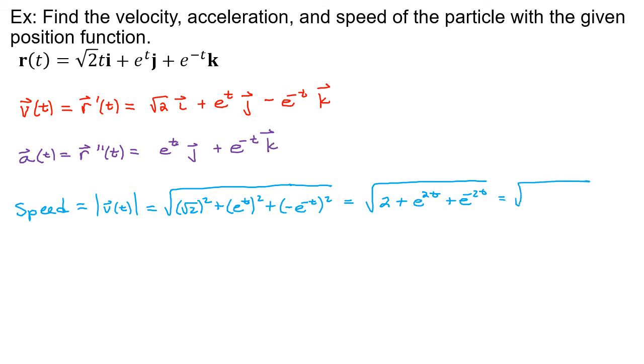You might want to rewrite it as e to the 2t plus 2 plus e to the negative 2t to put it in decreasing order. But this is actually e to the t plus e to the negative t, squared, so this is just e to the t plus e to the negative t. And that would be my speed. And so that's all we would do there.